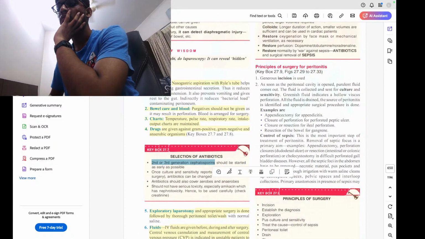Second or third generation cephalosporins should be used as they do not have serious toxicity.